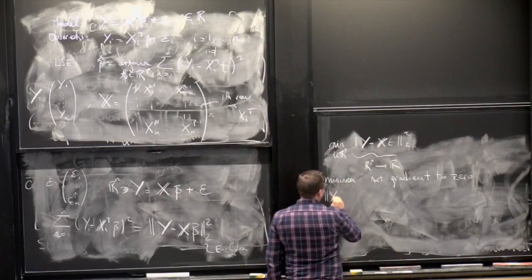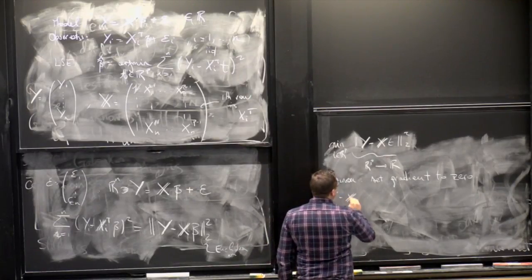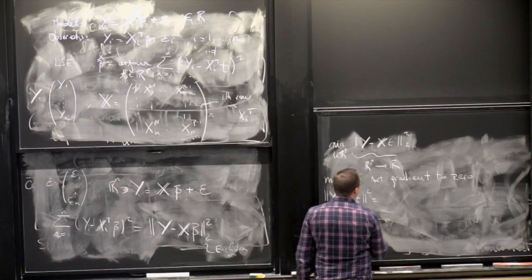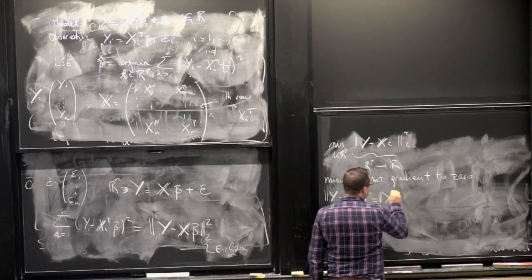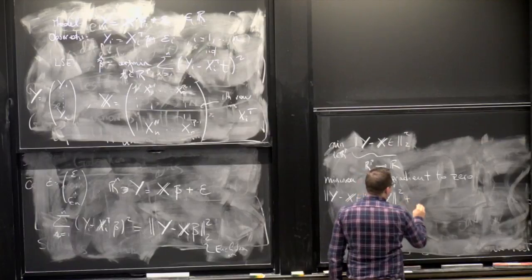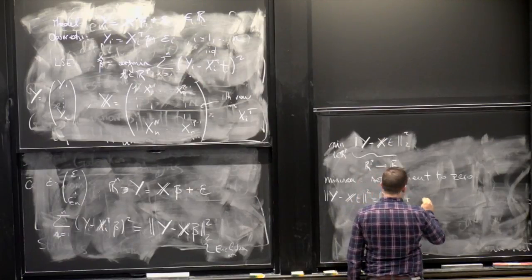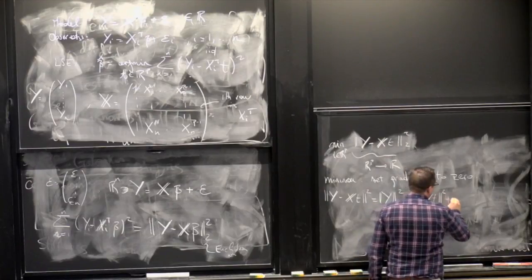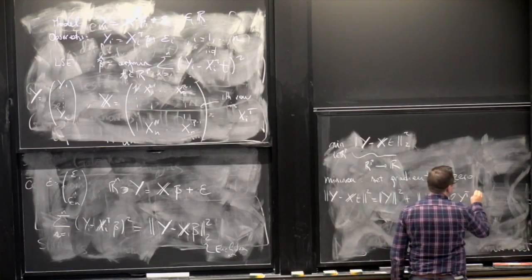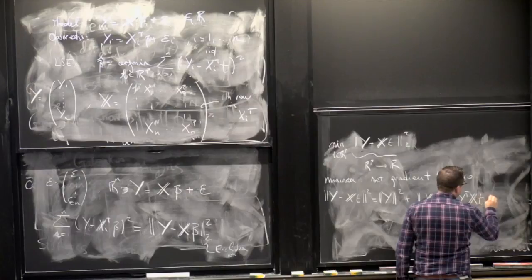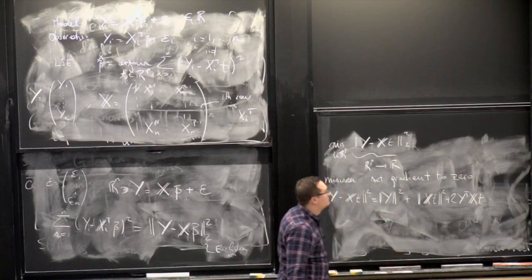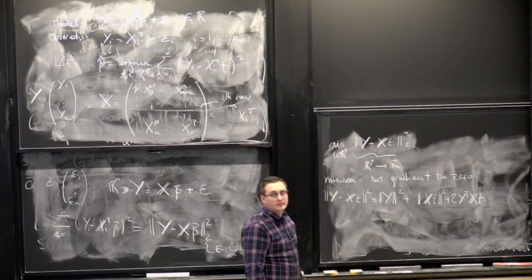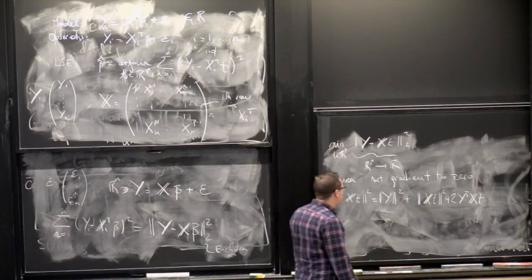Y minus xt squared, well, this is equal to the norm of y squared plus the norm of xt squared plus 2 times y transpose xt. That's just expanding the square in more dimensions.